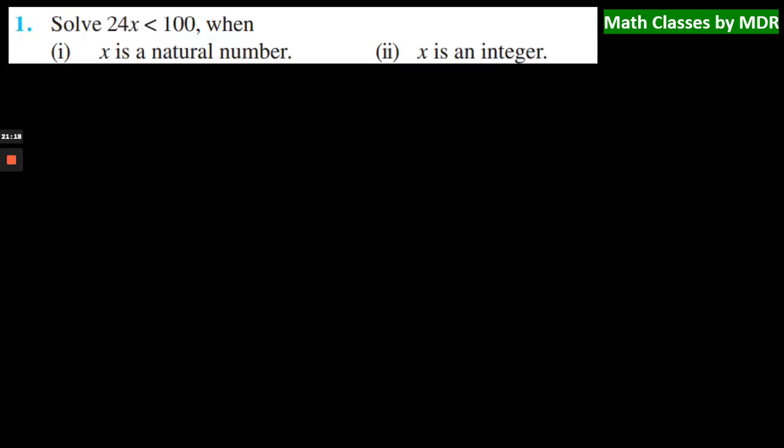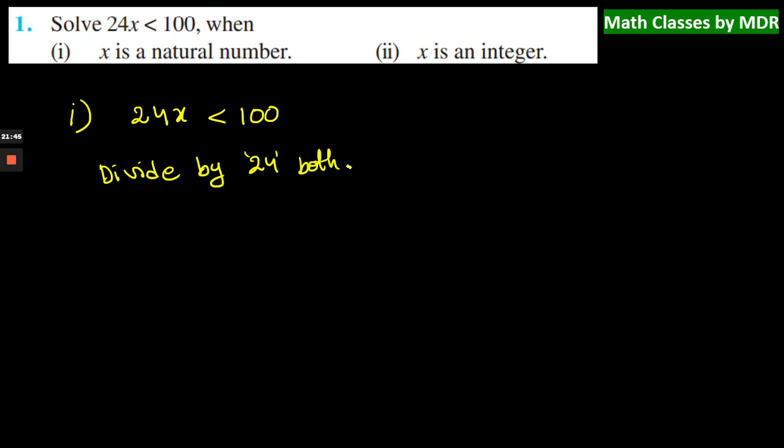Okay, now let's start with the problems. Solve 24x less than 100 when x is a natural number. So let us take the first one. It is given that 24x less than 100 when x is a natural number. So what to do? Divide by 24 on both sides.